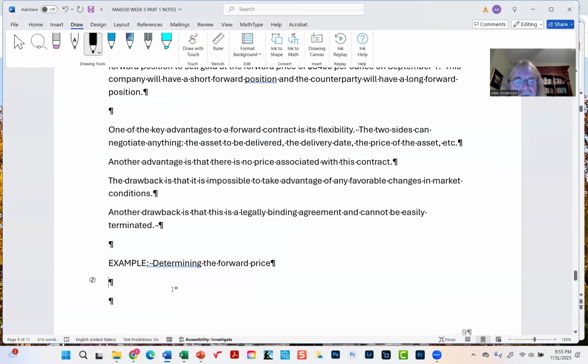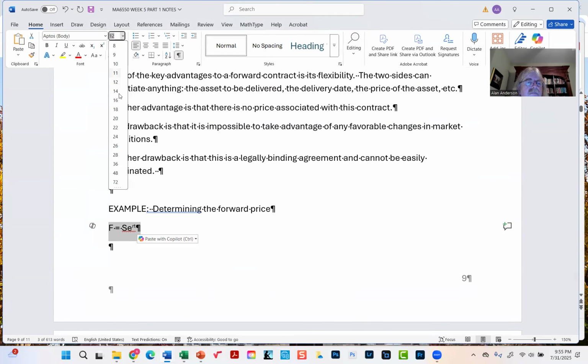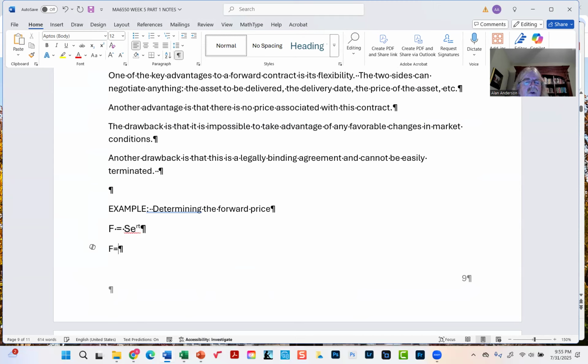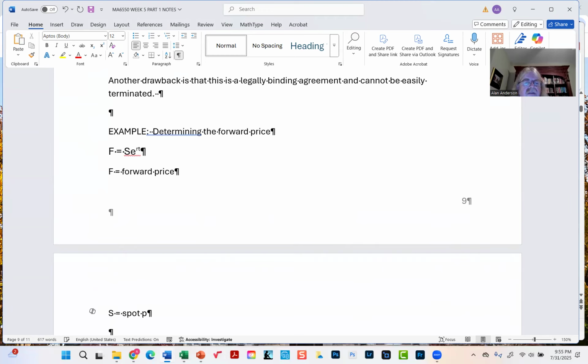And now, by the way, this assumes, well, first of all, let's remind ourselves, what do these variables mean? F, of course, is the forward price. S is the spot price.